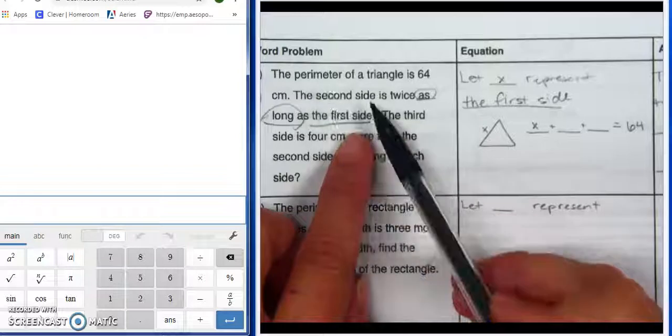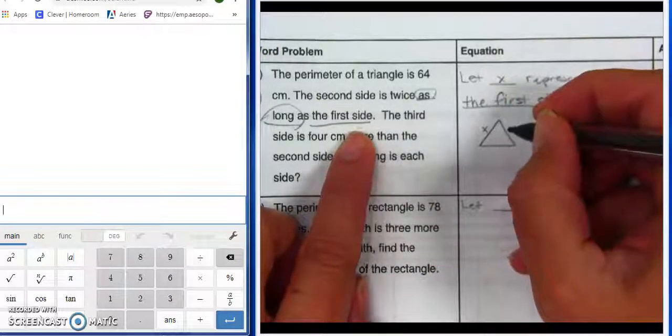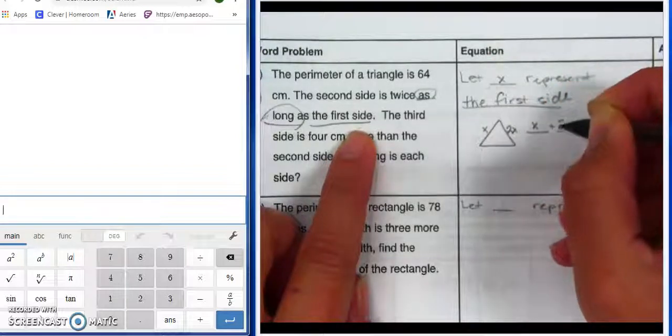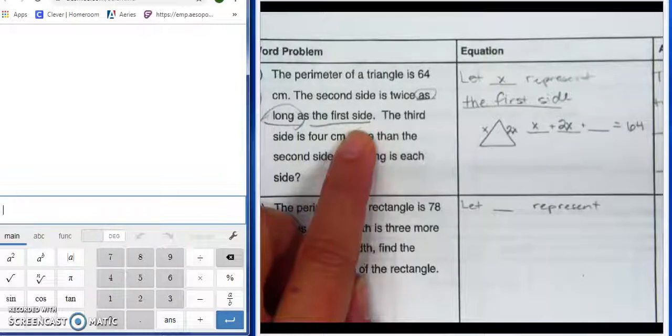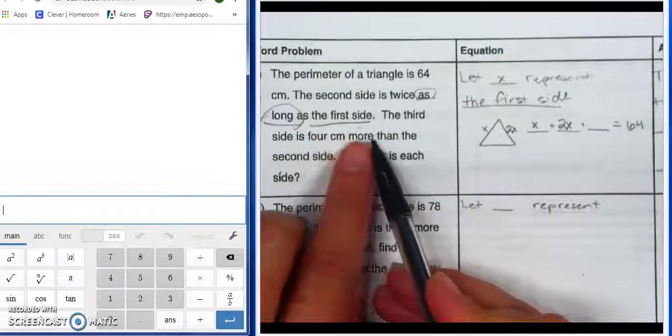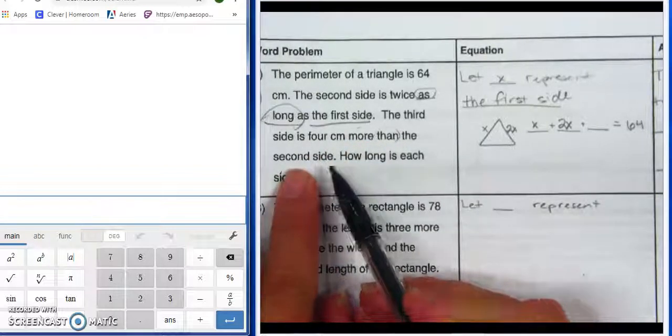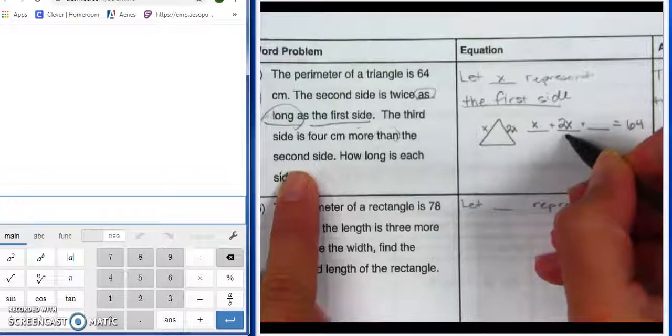The second side is twice as long as the first. So pick a second side, and twice means 2 times the first. So twice the first, like that. Now the third side is 4 centimeters more than the second side. Well, we just said the second side was 2x.